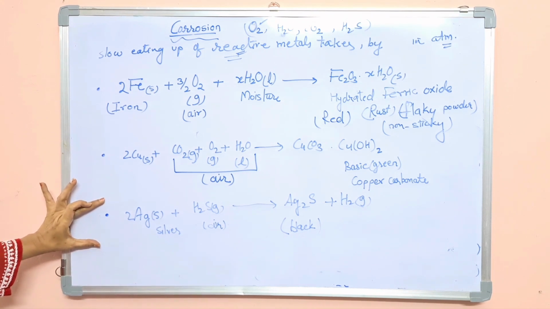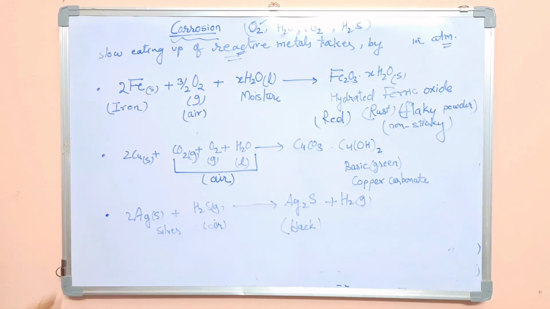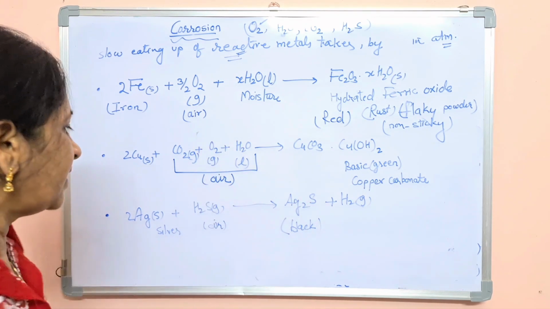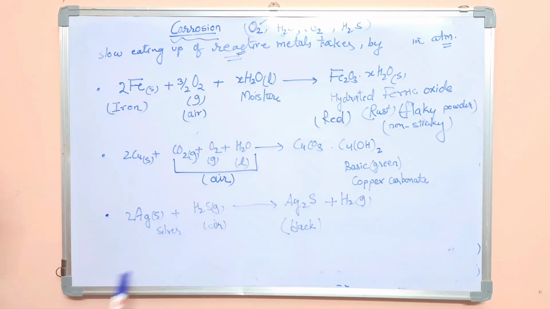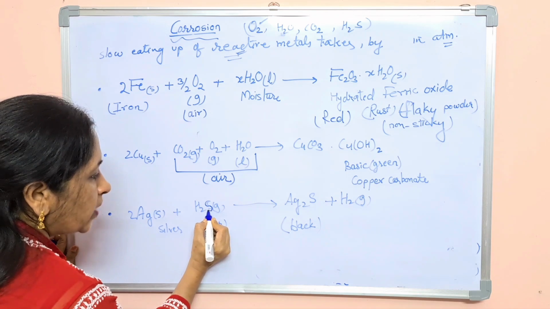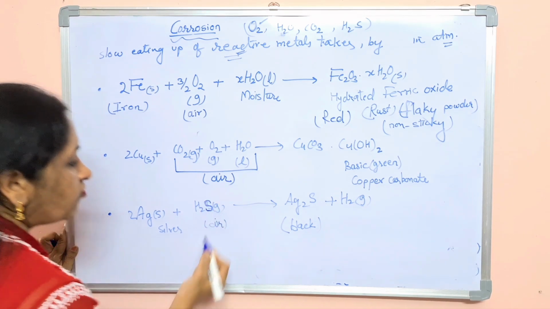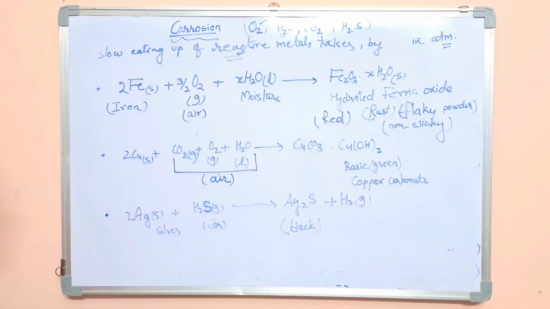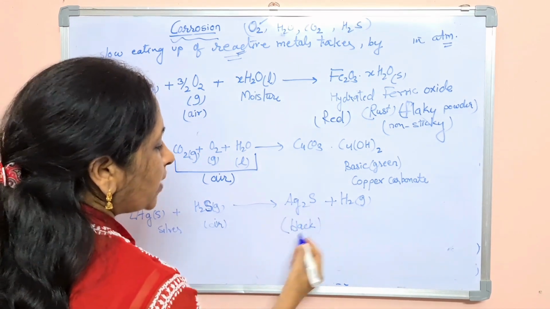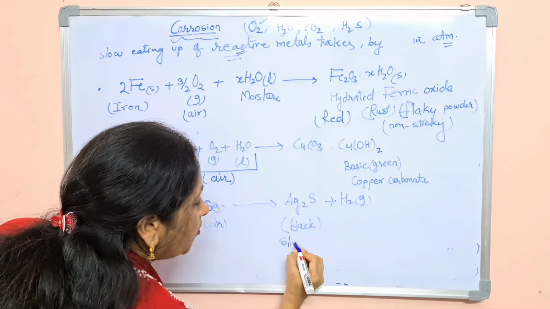Now the second one is silver. Silver utensils or silver jewelries, you have observed that they turn black when they get oxidized in the air. So here silver reacts with H2S, hydrogen sulfide present in the air, and it is converted into Ag2S.